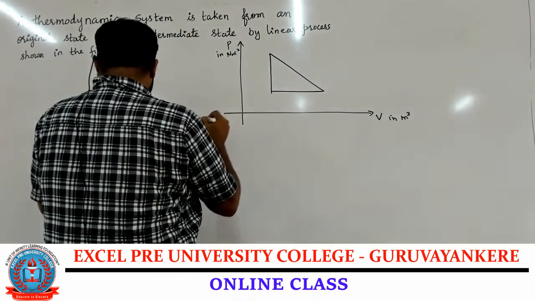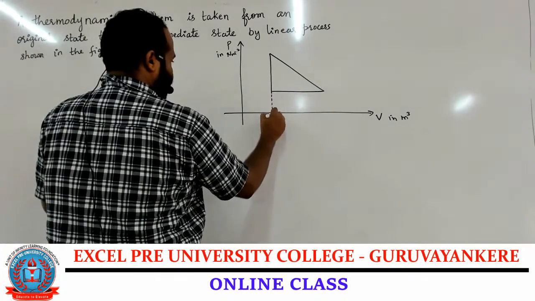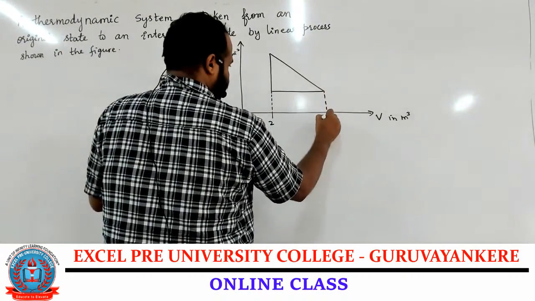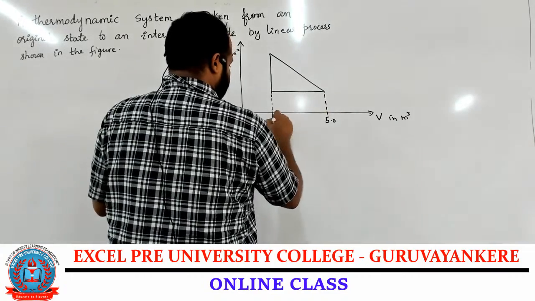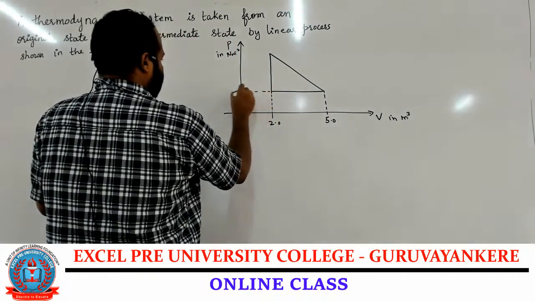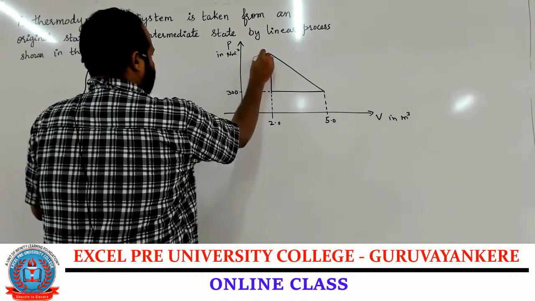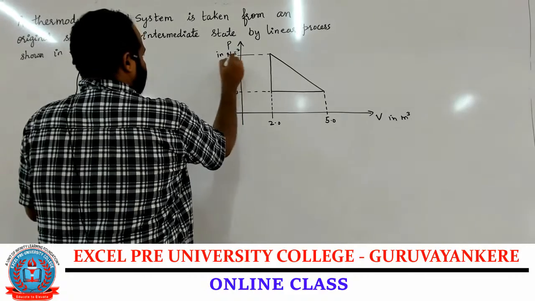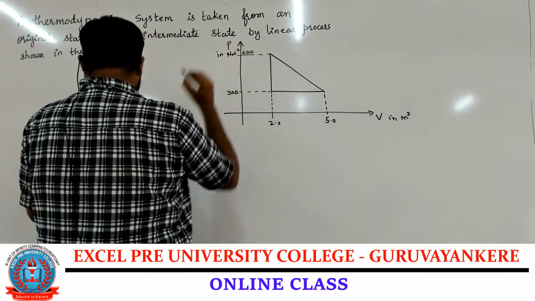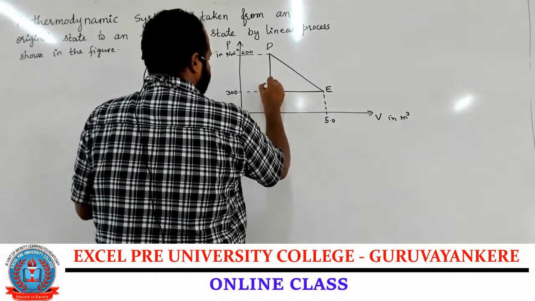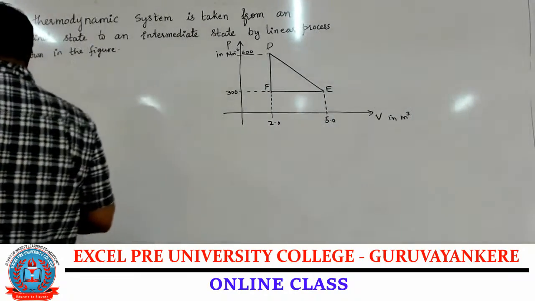This is 2 meter cube volume, this is 5 meter cube volume, this is 300 Newton per meter square pressure, and here it is 600. This is D, E, and this is F.